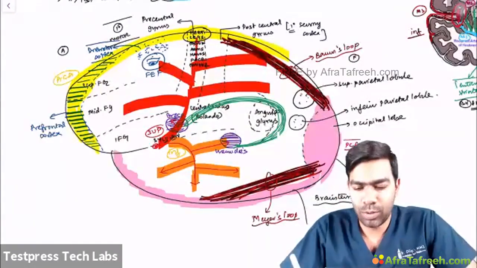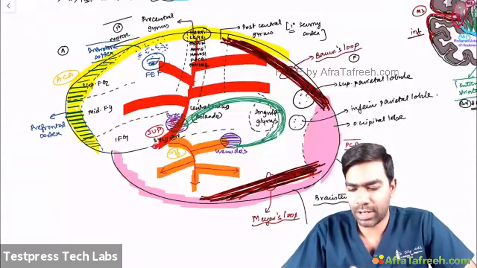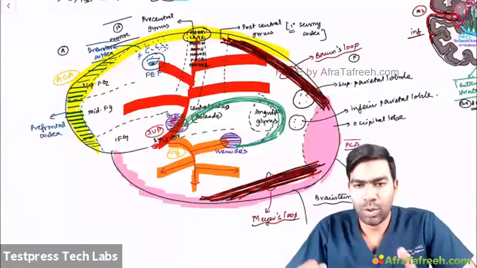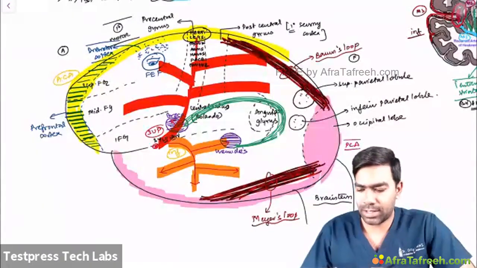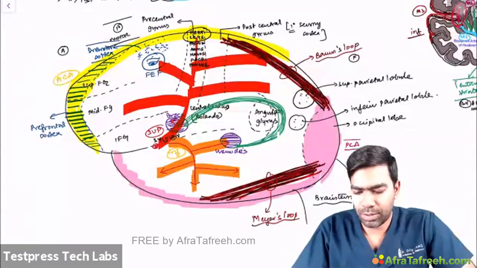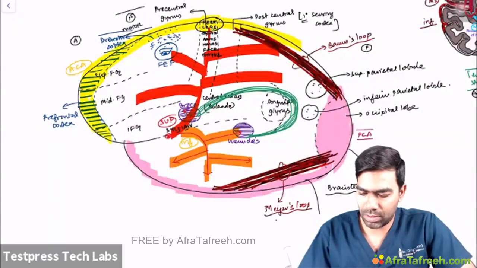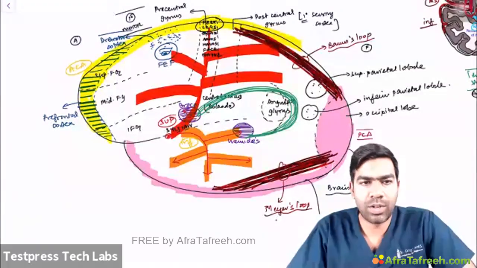So we are on the way to discover the MCA territory process. So let us finish off that. If you want to really know the branches that we have been discussing for the superior division, because superior division branches become really important in this setting. So this branch that we have been discussing is going to be the pre-Rolandic and orbitofrontal branch.